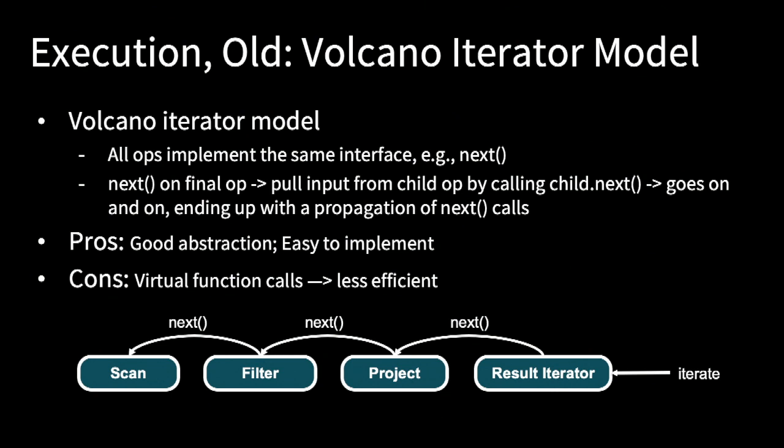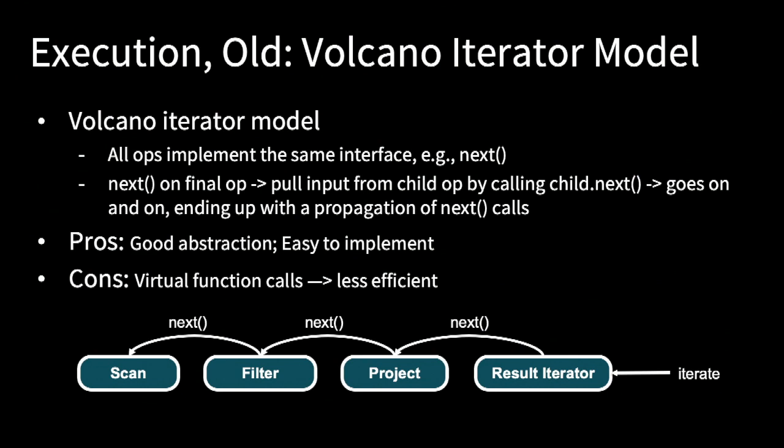Each operator produces a tuple stream, and a consumer can iterate over its input streams. The tuple stream interface has one essential method called next, which is to get the next tuple, or say, to get the next row.